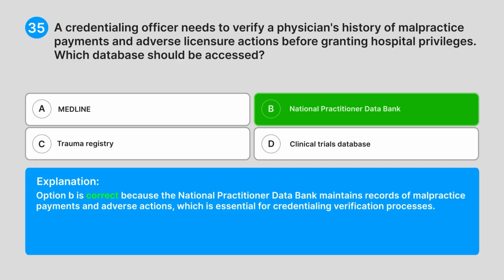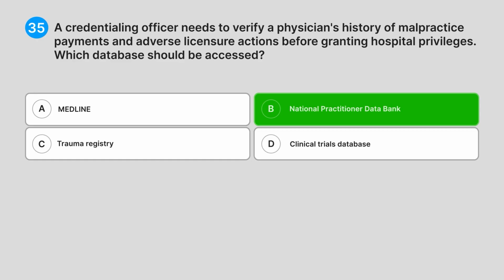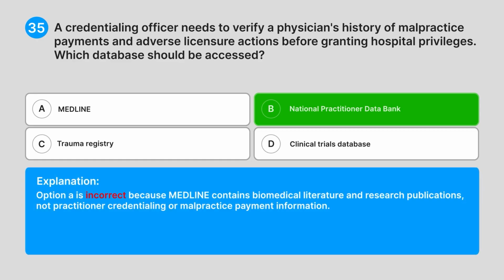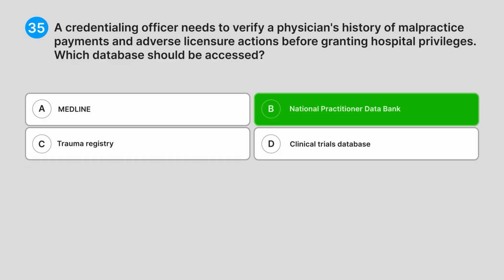Explanation. Option B is correct because the National Practitioner Data Bank maintains records of malpractice payments and adverse actions essential for credentialing verification processes. Option A is incorrect because Medline contains biomedical literature and research publications, not practitioner credentialing or malpractice payment information databases.